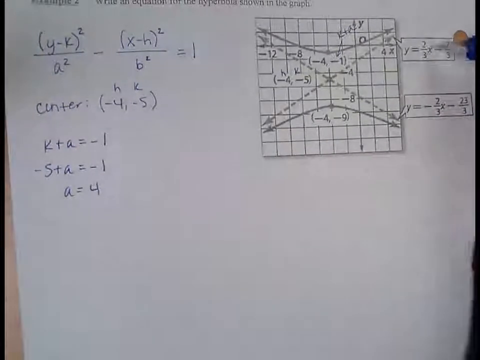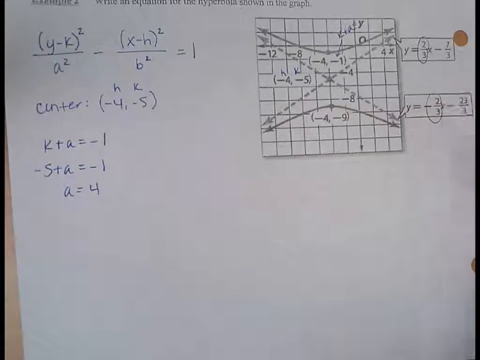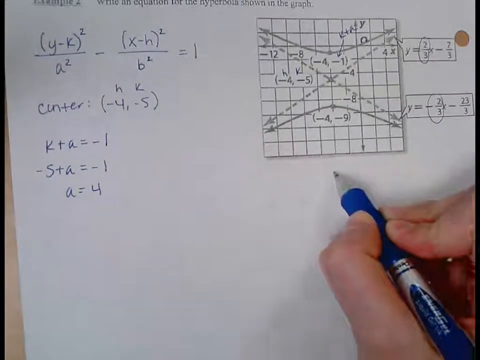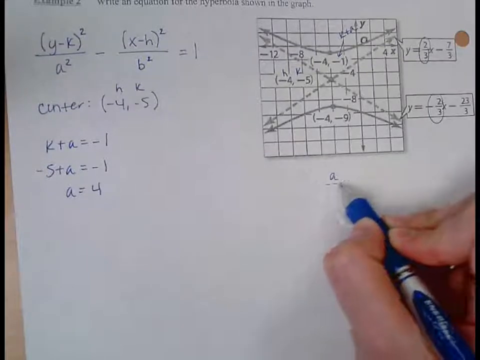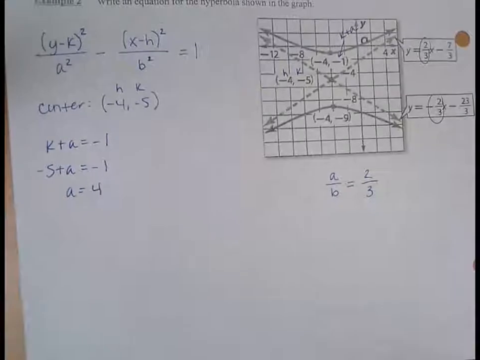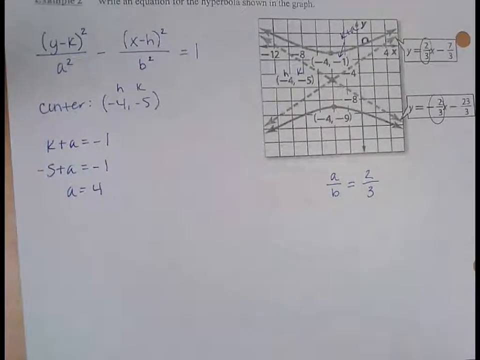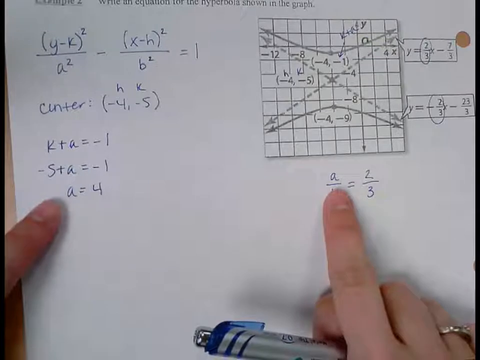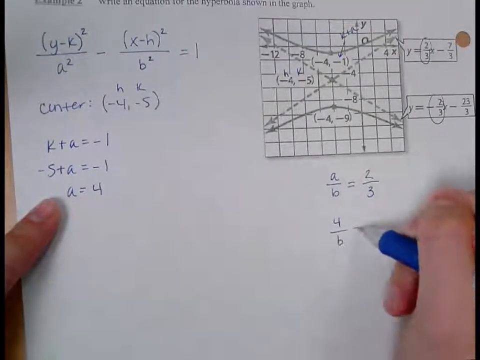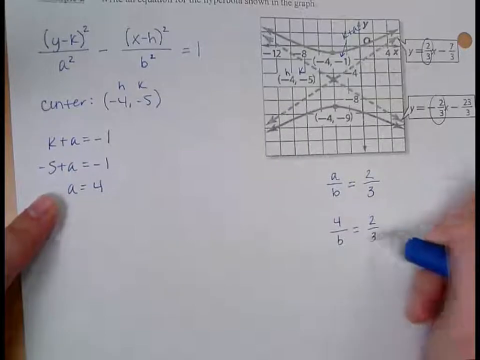So from your asymptotes, the fraction a over b should equal 2/3, or the ratio of a to b should be the ratio 2 to 3. I know a is 4, so I have 4 over b should equal 2 over 3.